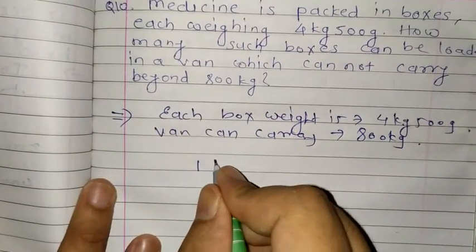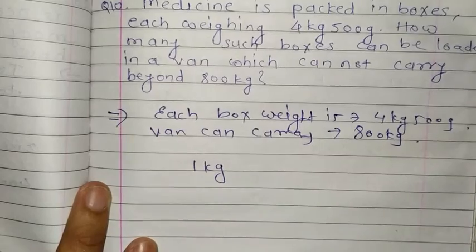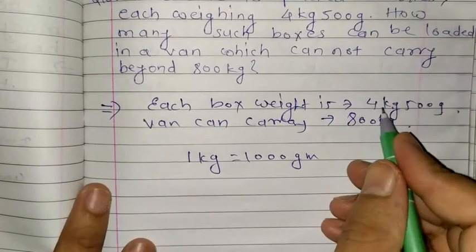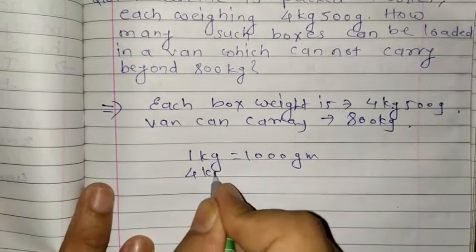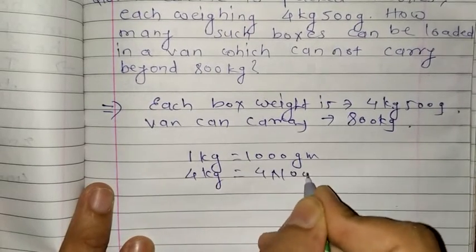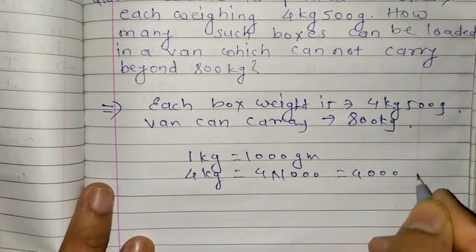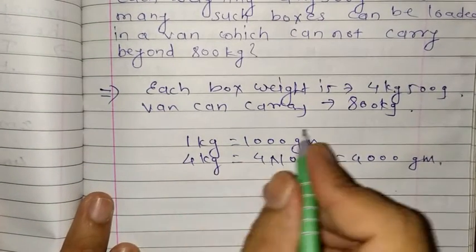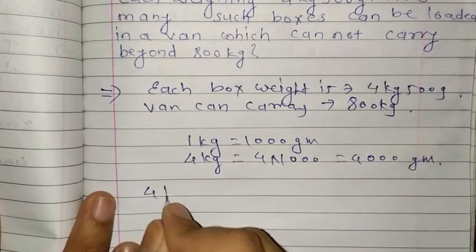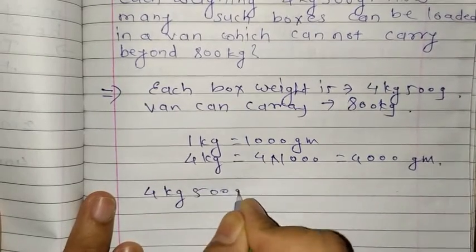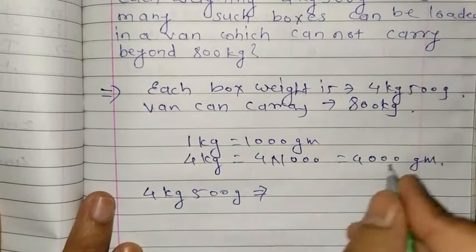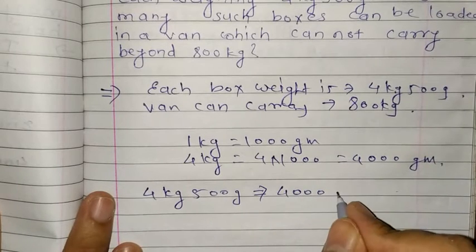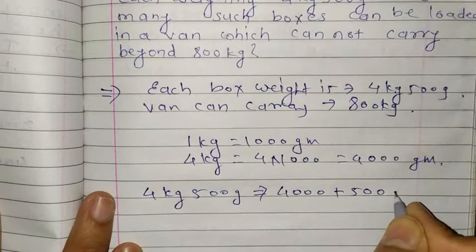You can write 1 kg equals 1000 gram. In the question they have given 4 kg. So 4 kg means 4 into 1000, 4000 gram. Got it? So the box weight is 4 kg 500 gram. 4 kg gives 4000, and the remaining is 500 gram.